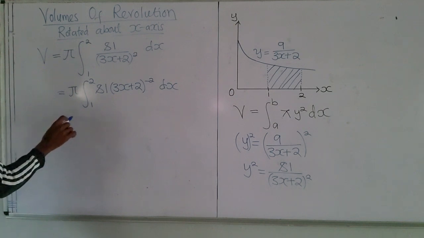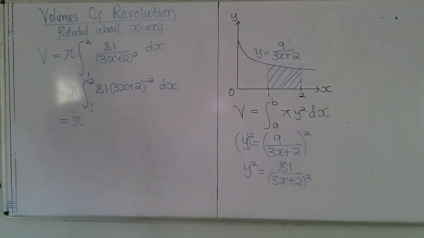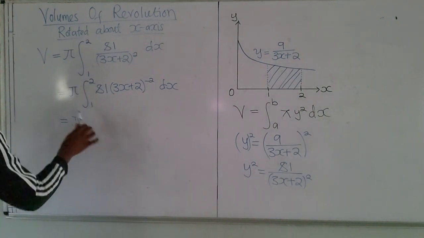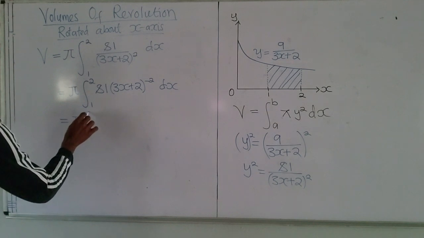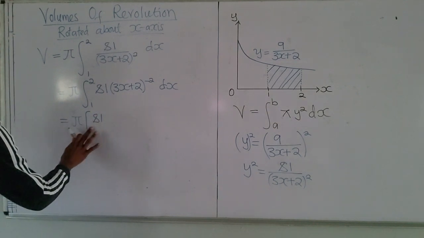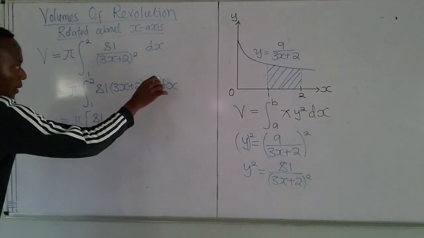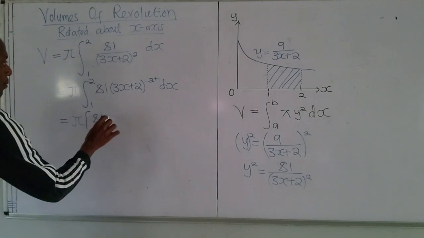So this is equal to pi. Now we have to integrate. So how is it going to be? Pi is multiplying by 81. Then we add 1 to the power. So what are we going to have?